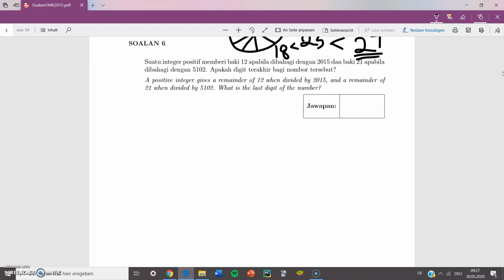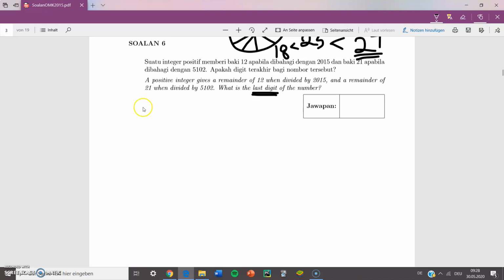But the main point is, while tackling these kinds of problems, you actually don't need to find out what the exact number is, because look at the last sentence. What is the last digit of the number? So by thinking backwards, we can try to figure out what kinds of last digits will appear, and then we find the coinciding one.